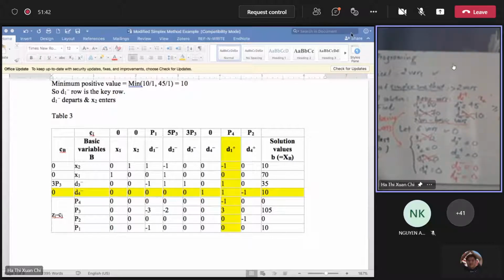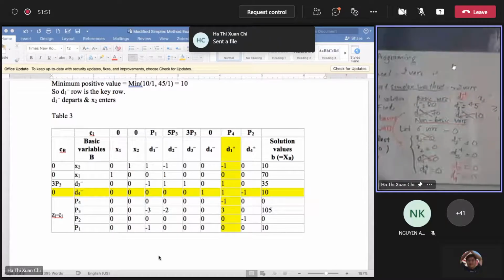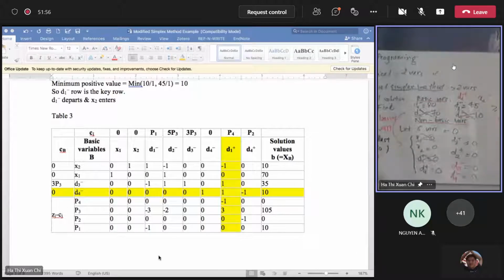So I send it for you in this way. Everyone, do you want to practice more examples with non-preemptive goal framing?